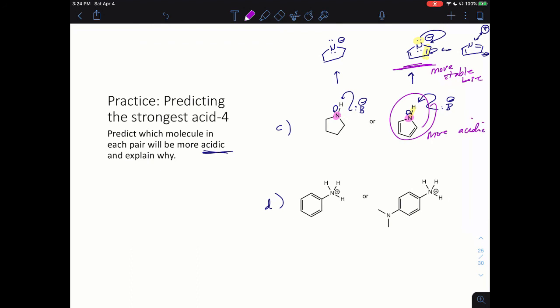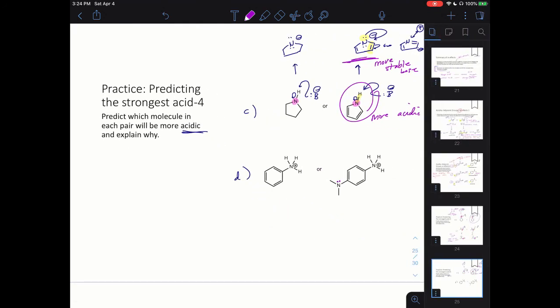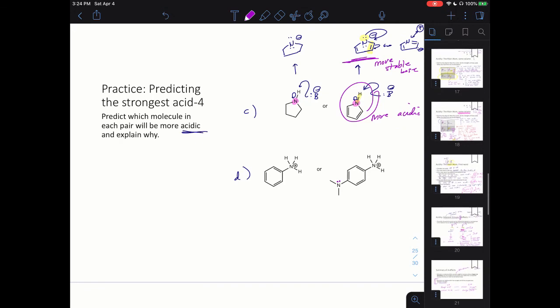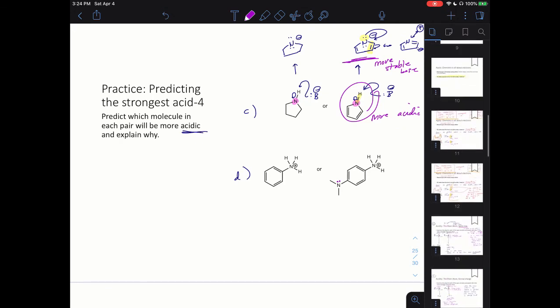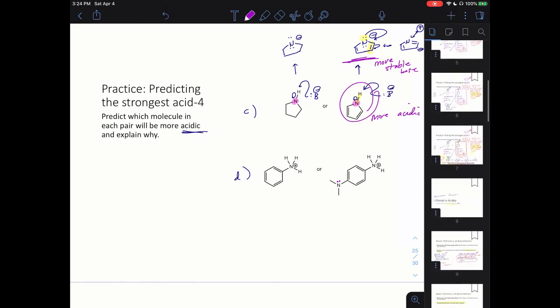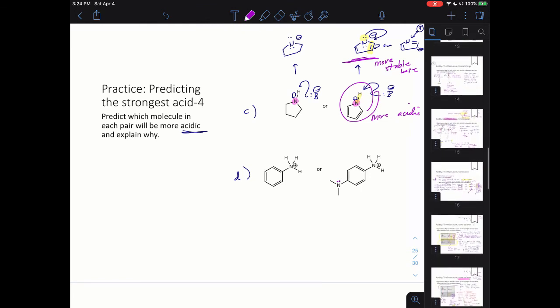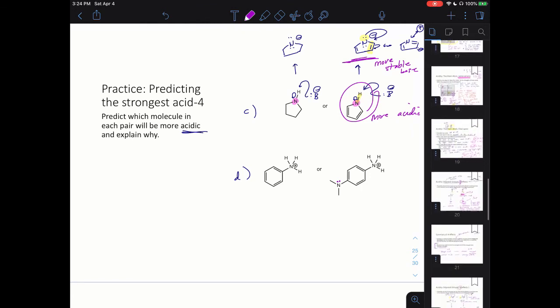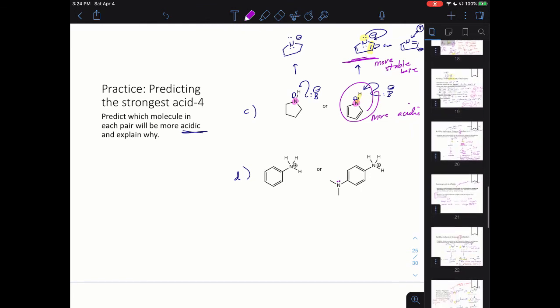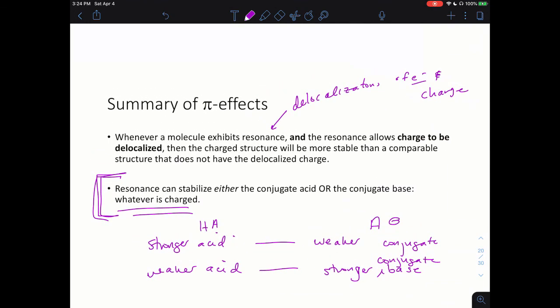All right, last example here. So for this example, we're trying to decide what is more acidic, this molecule or this molecule. Now, if you recall, a long, long time ago, let's see if I can even find it here, there was an awkward slide. Okay, summary of pi effects.